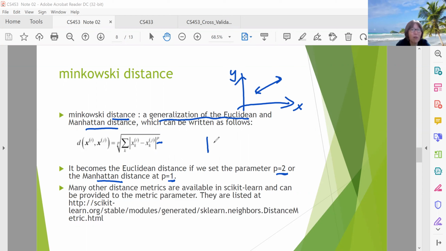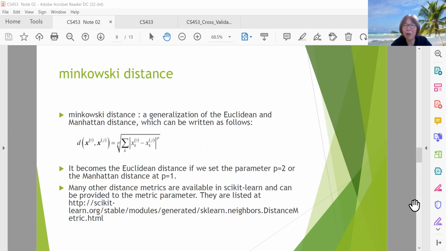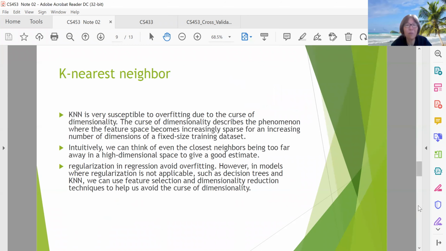Basically Manhattan distance is the absolute offset between those two, but be careful, this is regarding vectors. Other distance metrics are also available in sklearn, and if you're interested, you can look at the official documentation about the distance metrics. So this is regarding the distance.